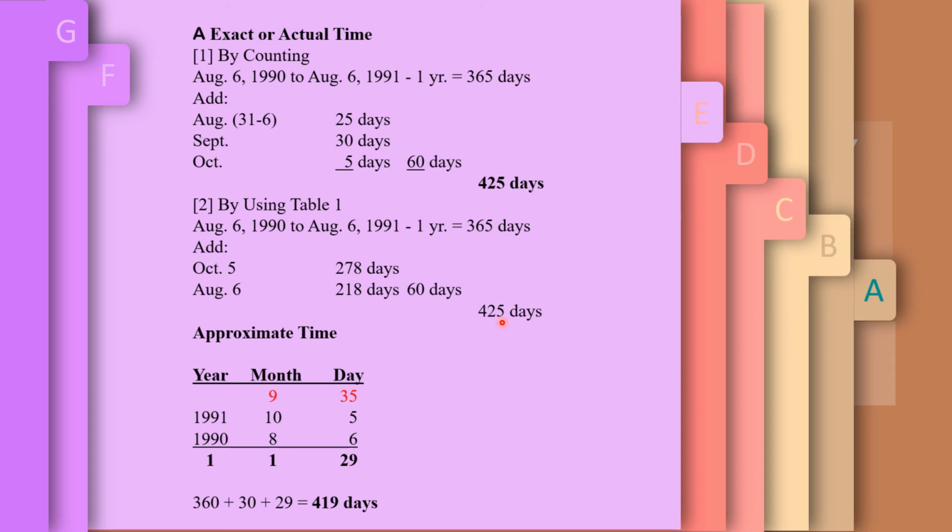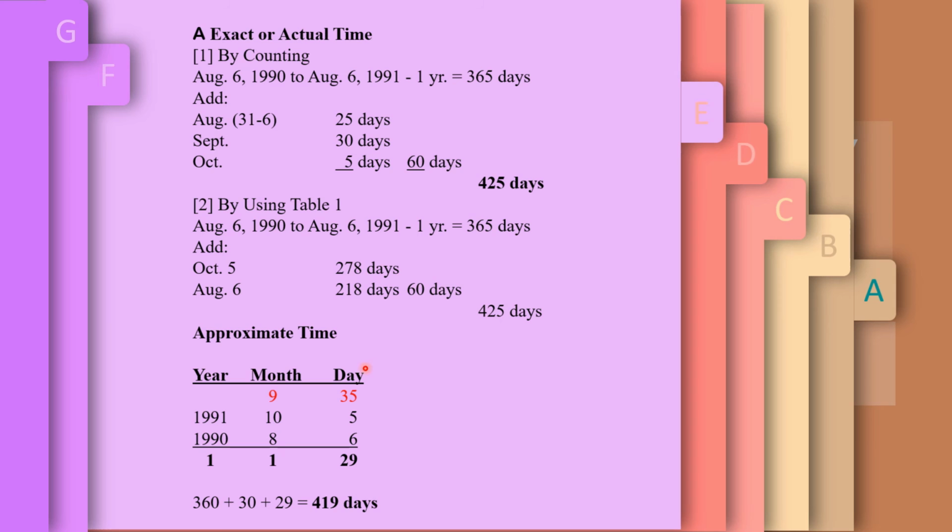Now we are to solve for the approximate time. Here, we have to list down the day, the month, and the year. So we have here October 5, 1991 and August 6, 1990. So we have to subtract from day to month to year.